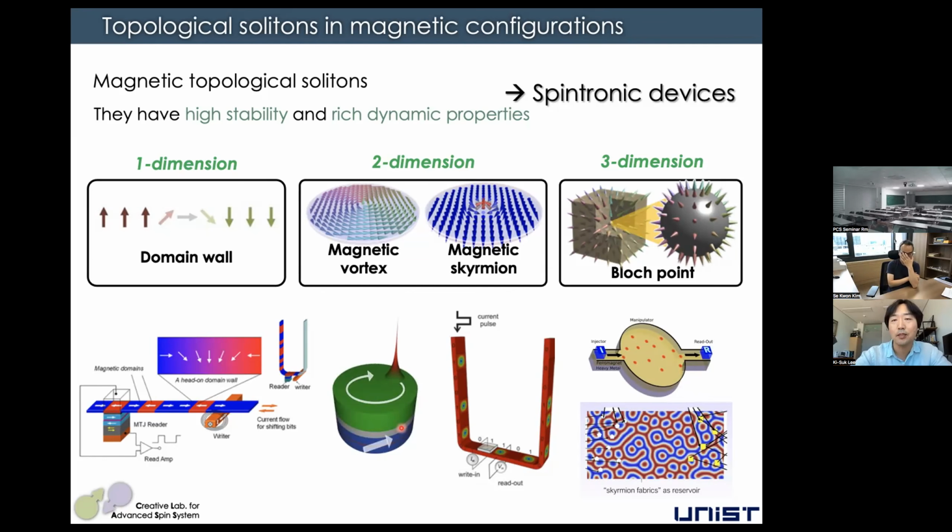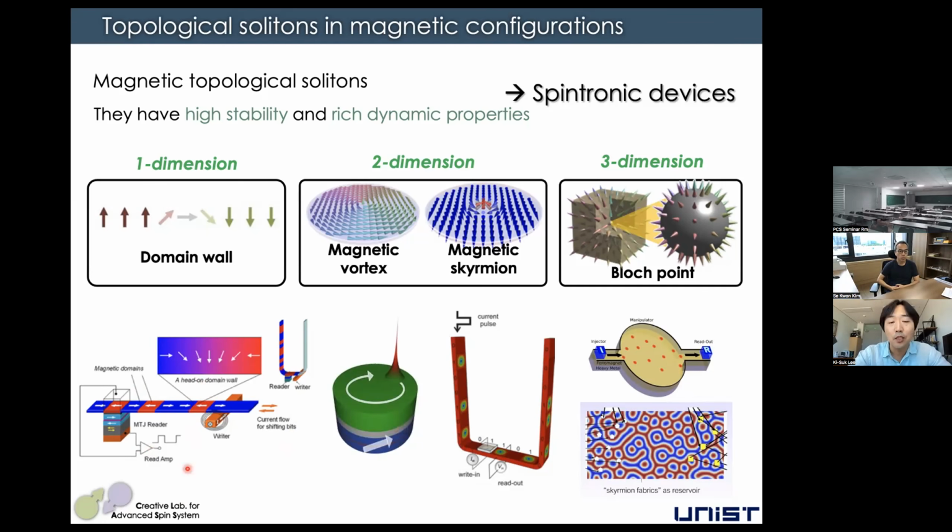The Bloch point is a unique singularity of magnetic solitons in three-dimensional systems. These kinds of structures, magnetic solitons, have high stability and rich dynamic properties. So you can utilize these structures as spintronic devices, such as racetrack memory, which utilizes a domain wall structure.